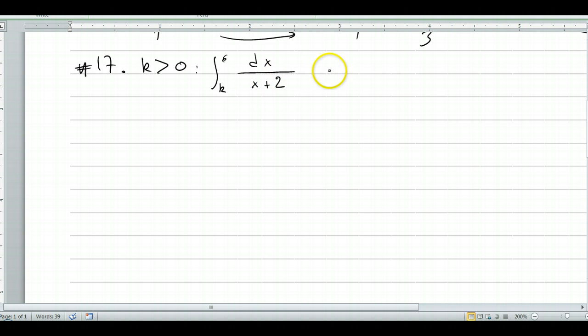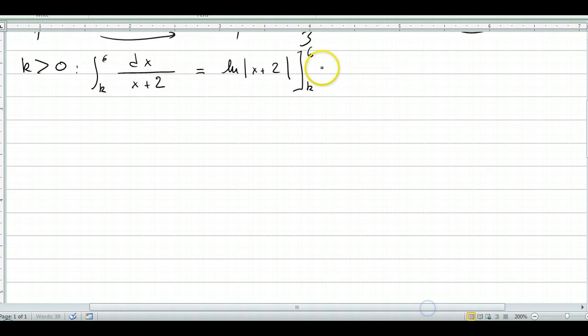Well, I know how to get this antiderivative. The antiderivative of dx over x plus 2 is just the ln of absolute value of x plus 2. X goes between k and 6, and k is positive, so I don't need the absolute value. I'm going to get rid of it right now.